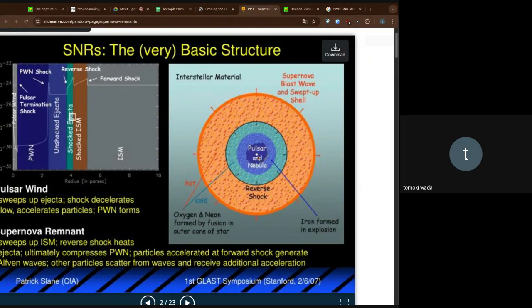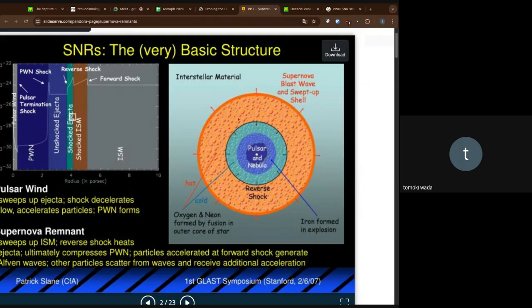This structure is very detailed, something like shown here. I won't explain the details, but the important point is that there are three components.